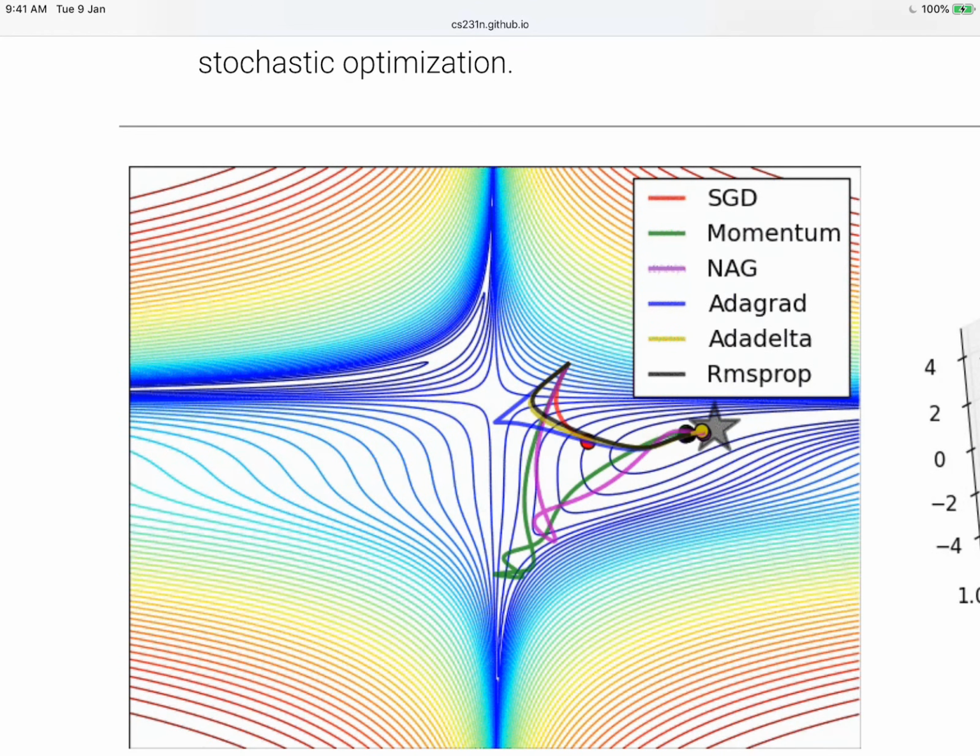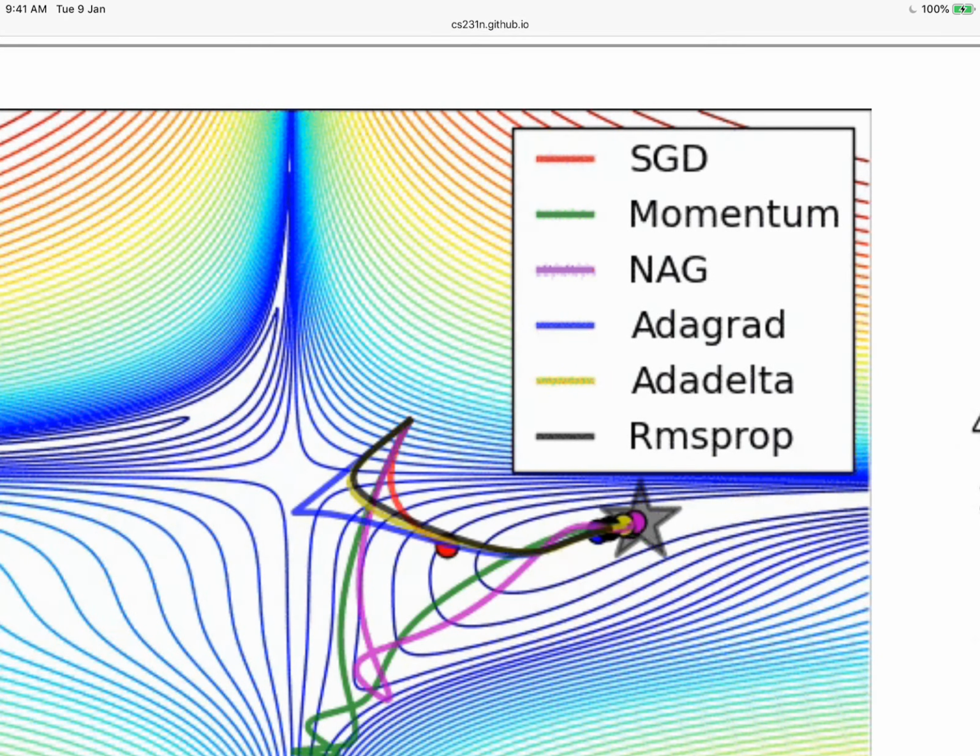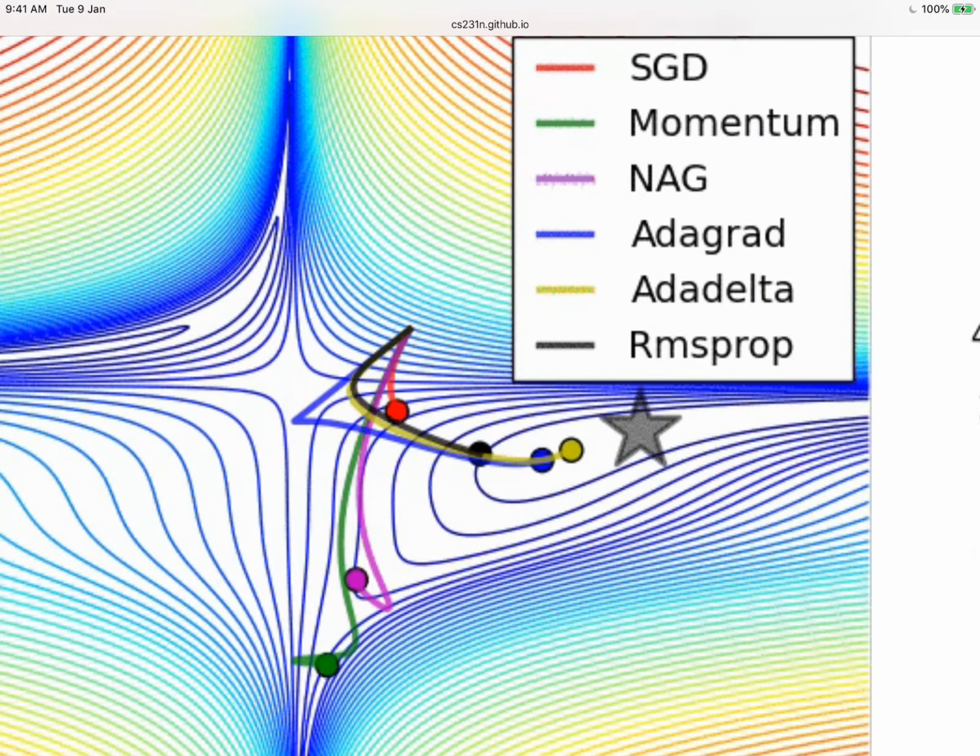In this case, we can see different behaviors of different algorithms: stochastic gradient descent as red, and the momentum and the Nesterov momentum, AdaGrad and RMSProp, and also AdaDelta, which we haven't studied, but we will just skip in our lecture. But anyway, we can see some interesting aspects.